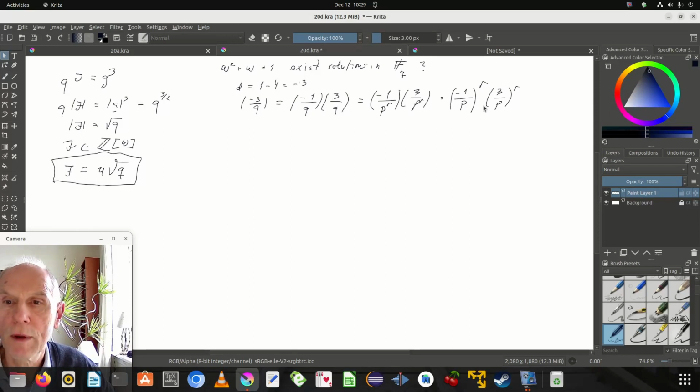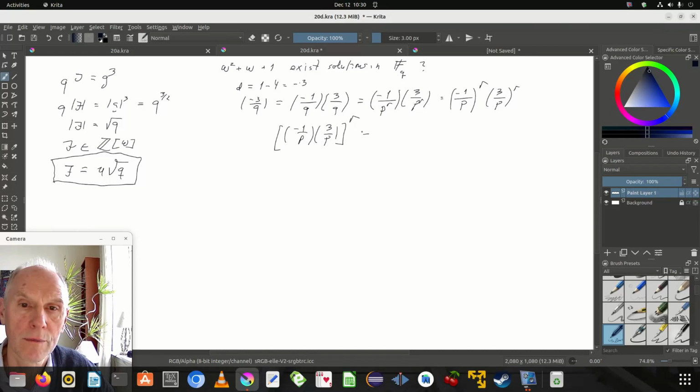We need to use reciprocity here on each of these. So let's take R outside. Now the reciprocity, we have this is equal to 3 modulo 4.